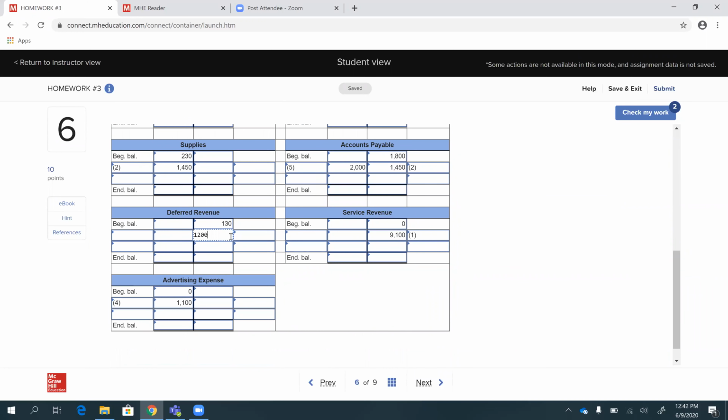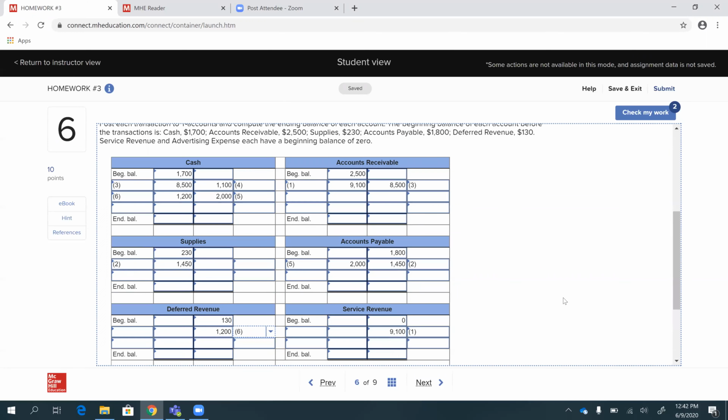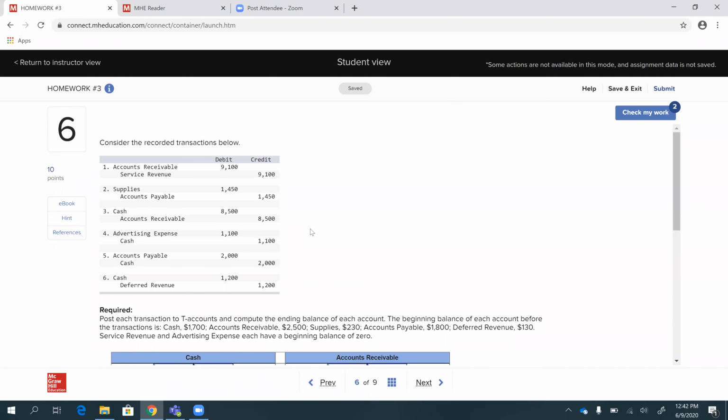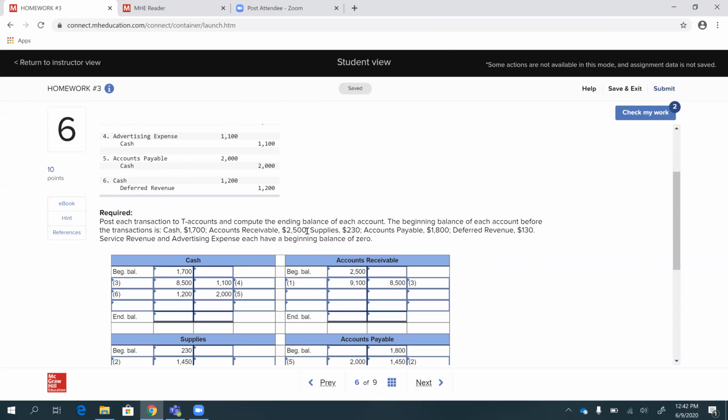Now that we have posted all of these transactions, we want to go through and add everything up. So in our example, cash has a beginning balance of $1,700, and we have a debit for $8,500 and a debit for $1,200. So our total debits are $11,400.